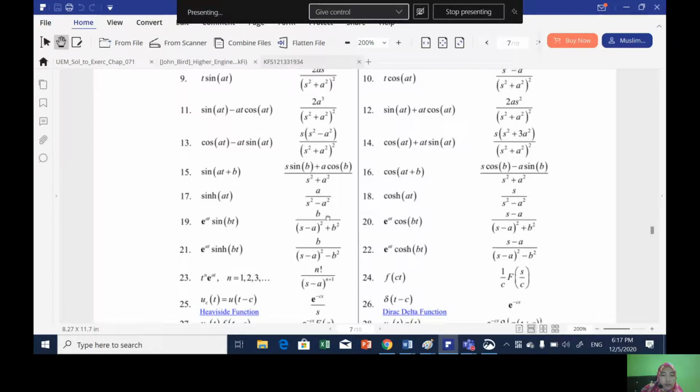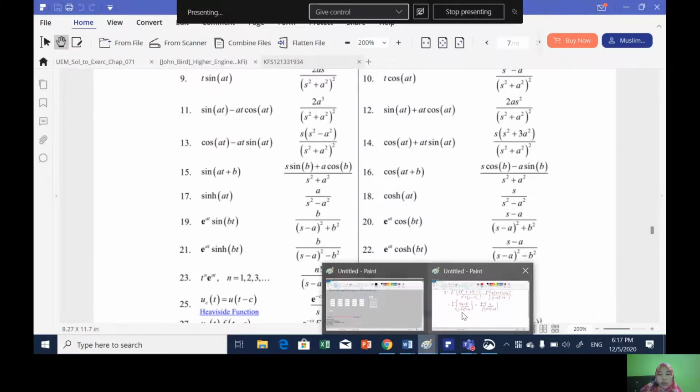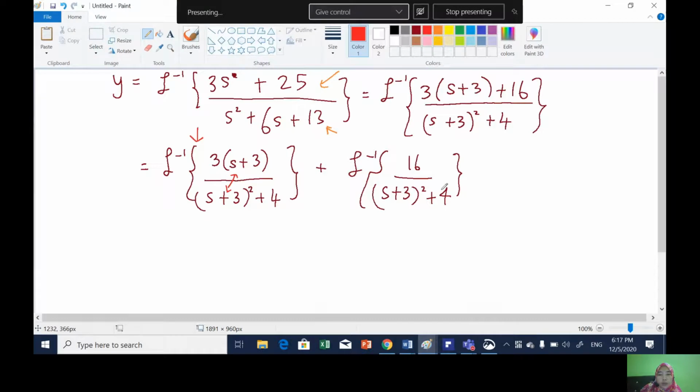There is no s, it's a constant. But there is a b that we are supposed to make similar at the numerator. In this case, this b is 2. I'm going to show you one by one. So this one we use number 20, and here we use number 19.